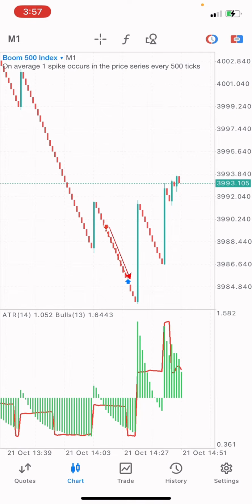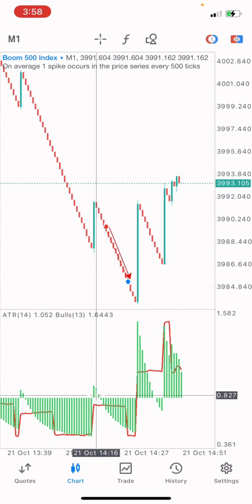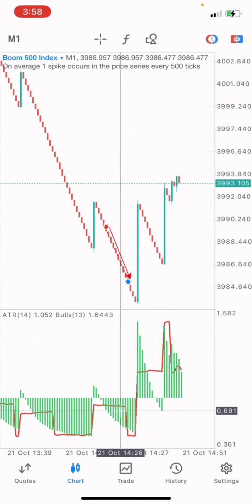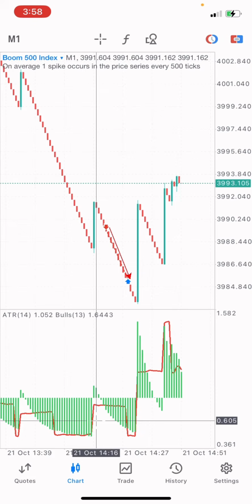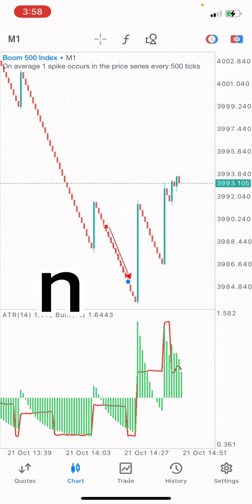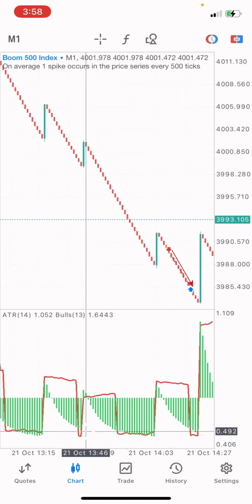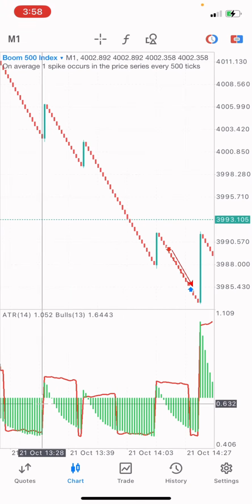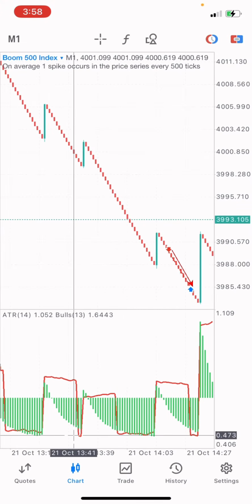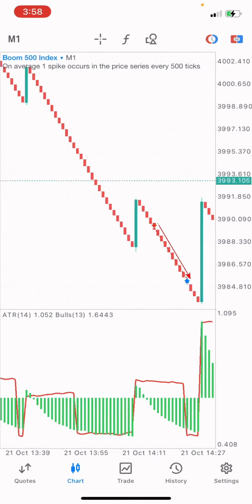So clearly in this strategy, you can see right here that the average true range created an N shape, the letter N, as well as this right here, an N shape. The only time we want to enter the market, which is our entry point, is right here.